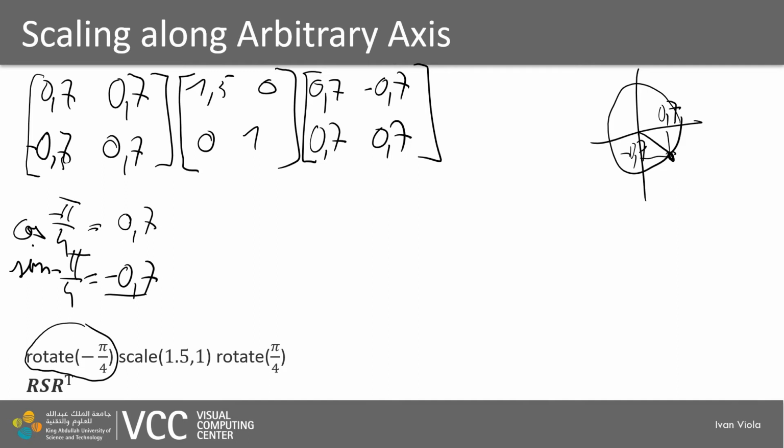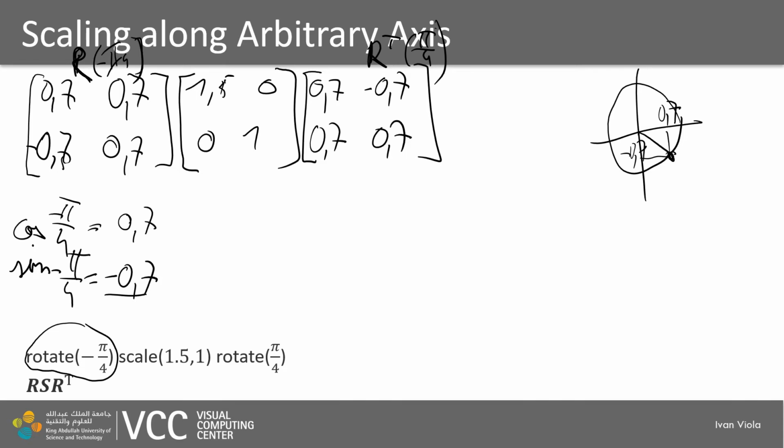Well, we just perform the transpose of the R, and we can see that the R is a rotation by minus pi/4, and the R transpose is the rotation by pi/4.